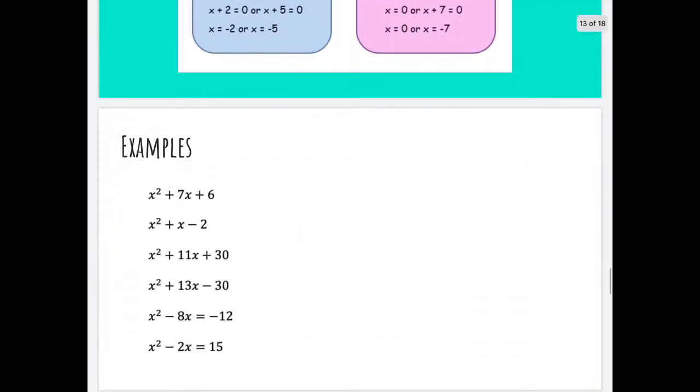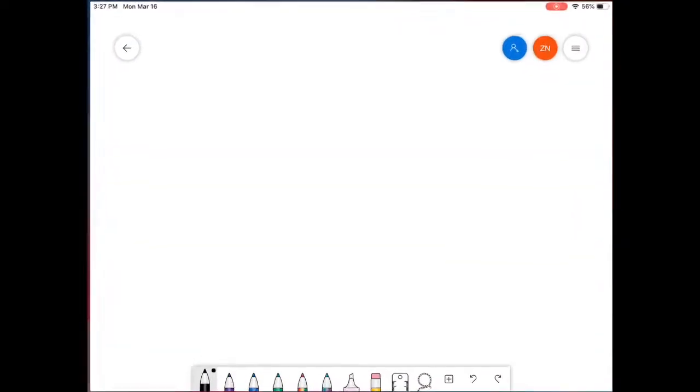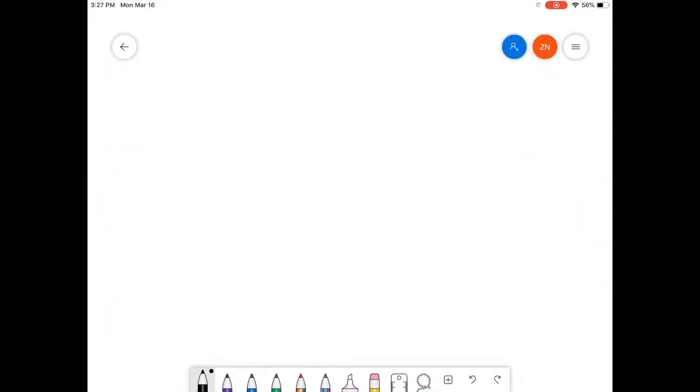So in our first example here, we have x squared plus 7x plus 6. So write down this example with me. We have x squared plus 7x plus 6. You may find factoring trinomials the easiest because I'm going to give you a tool that will really help you.